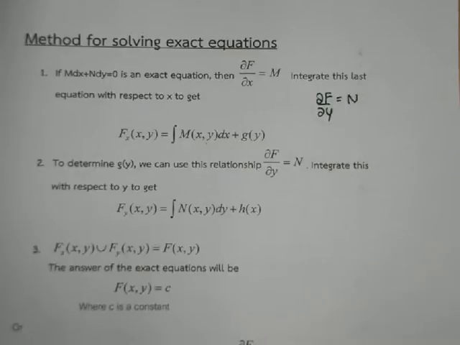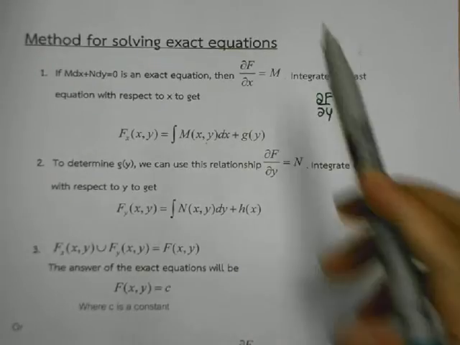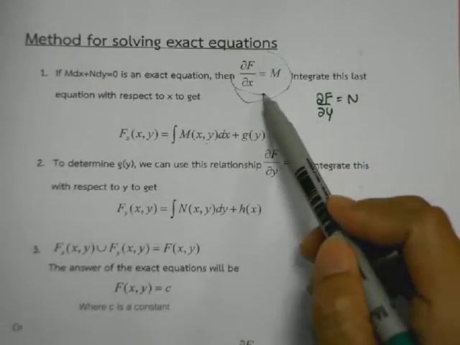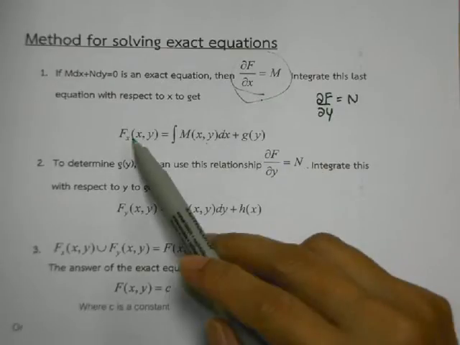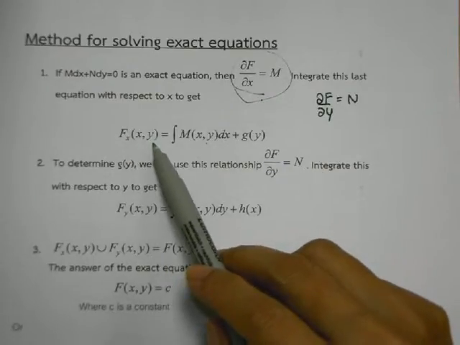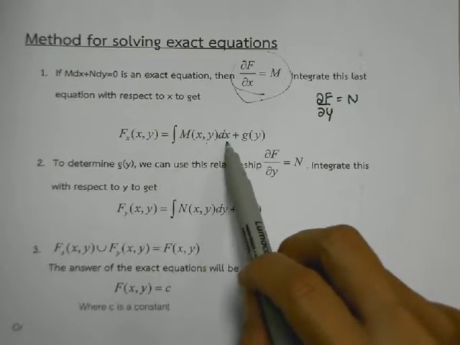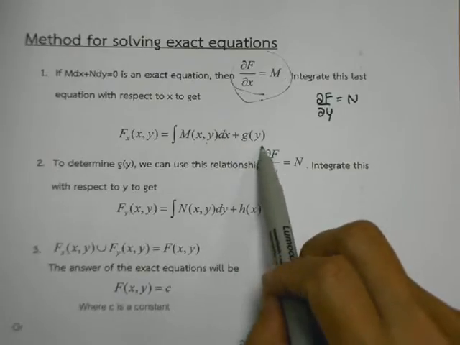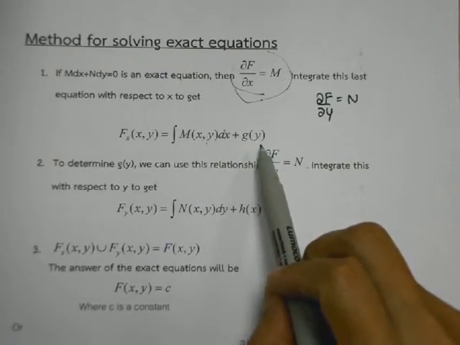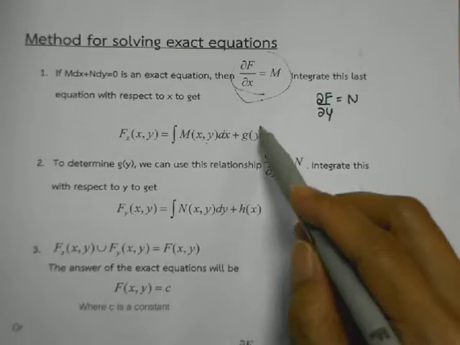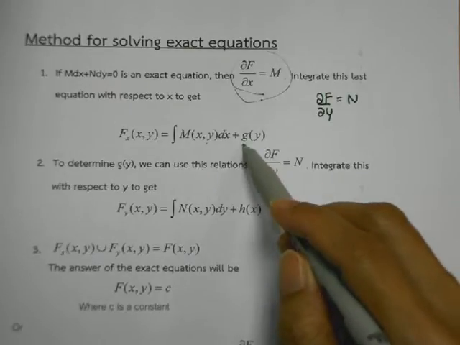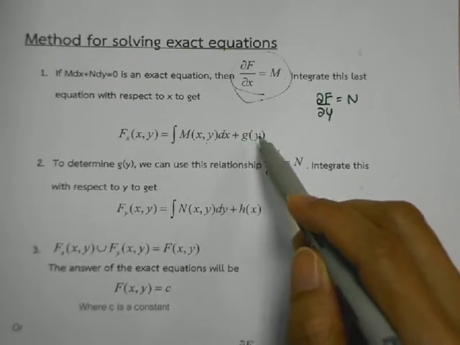Just pick one. And then from this, if you integrate this term, you would get f(x,y) equal to the integral of M dx plus h(y). If you integrate, you will not really know what h(y) is.